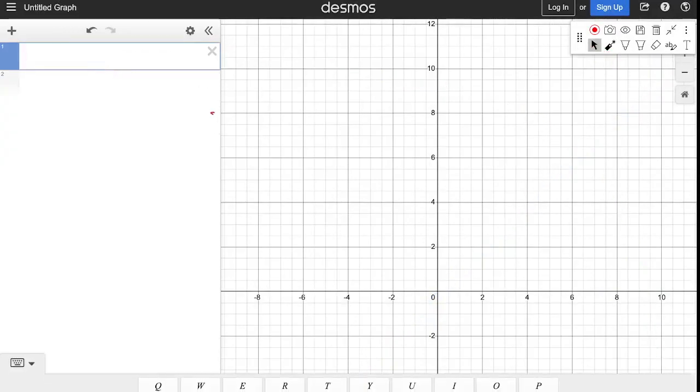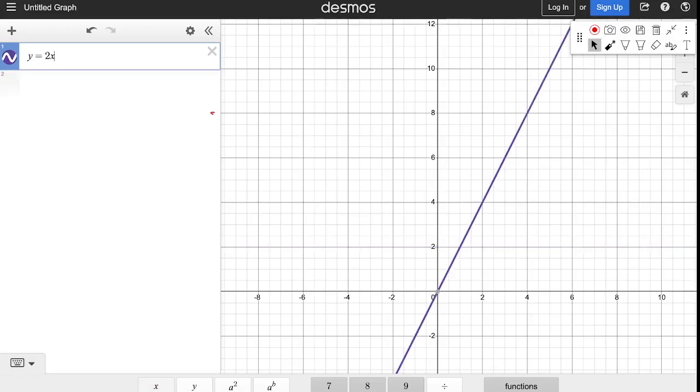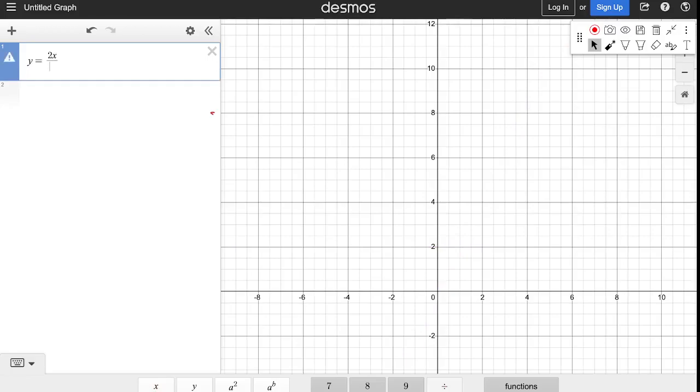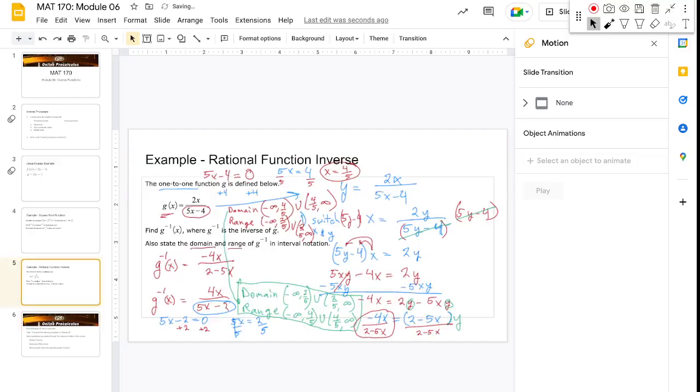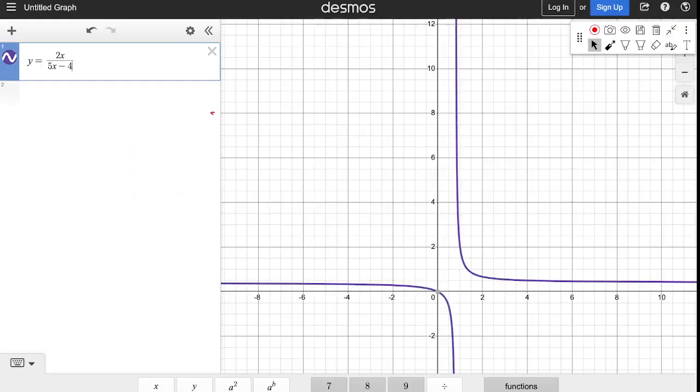So we're going to graph, and maybe we're not too concerned about function notation so much. So just y equals 2x divided by 5x minus 4. That's what that's looking like.